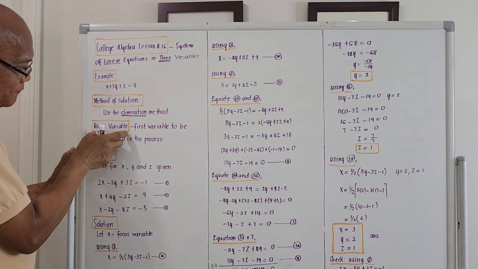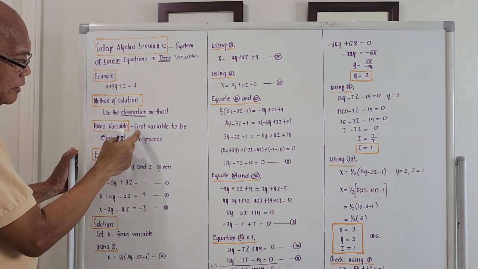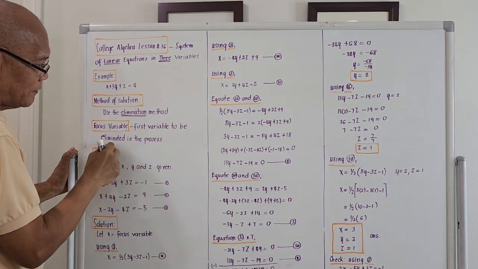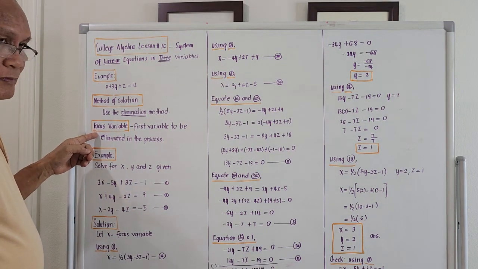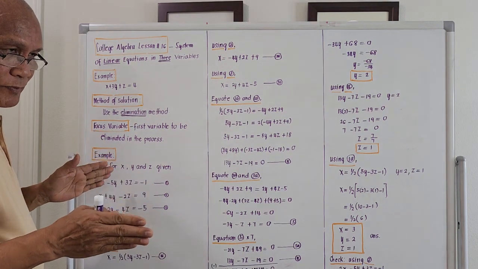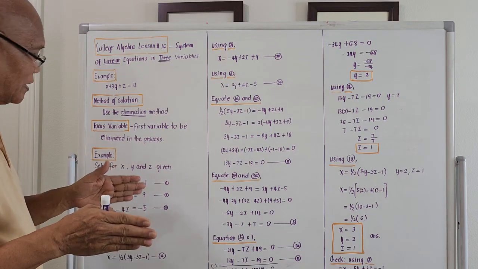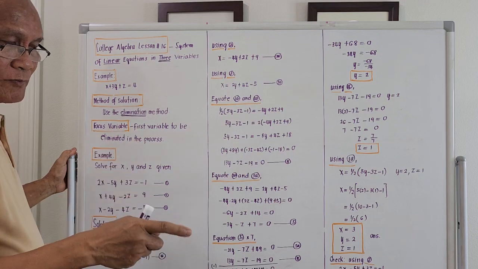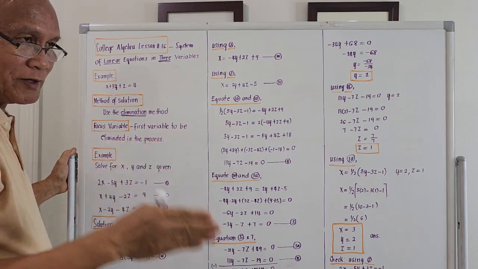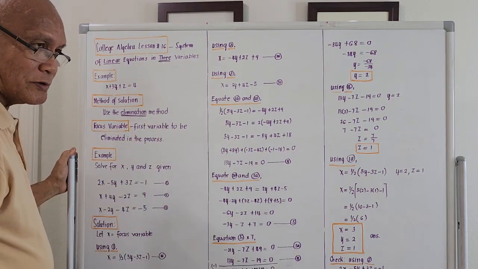A focus variable is the first variable to be eliminated in the process. The solution is by focusing on the so-called focus variable. The focus variable is the first variable which we will try to eliminate from the given linear equations.